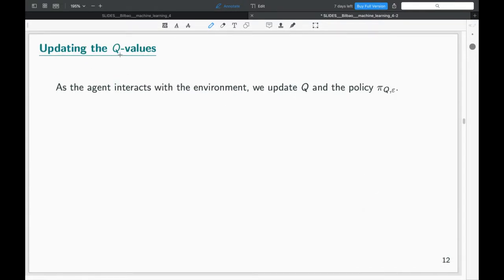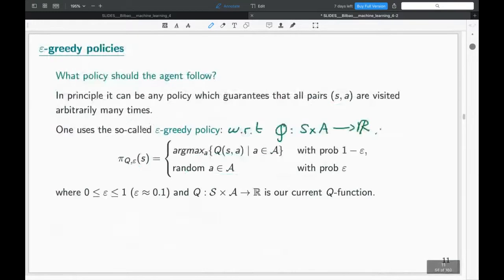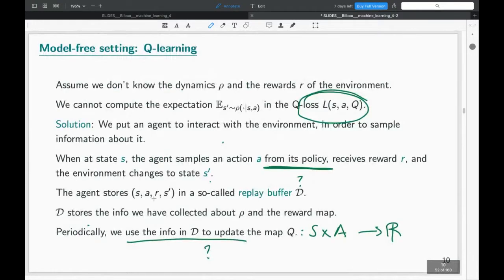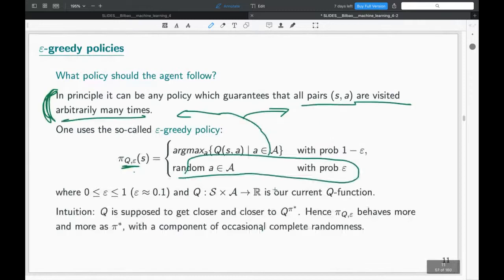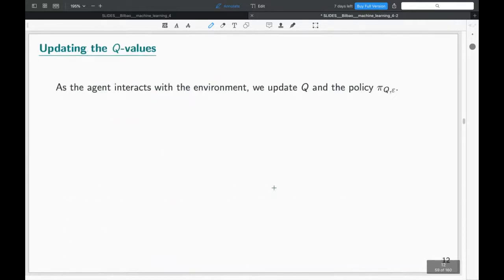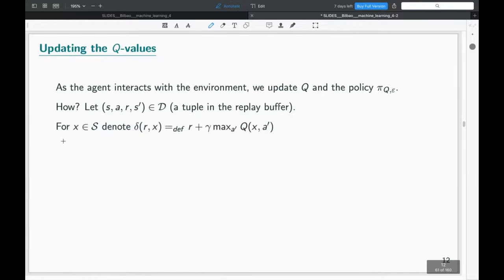Okay, so how do we update the Q values as the agent interacts with the environment? Remember, the agent keeps interacting with the environment and keeps storing these tuples in this D. And then periodically we use D to update our Q values. Take a tuple in the replay buffer and let us use this notation.